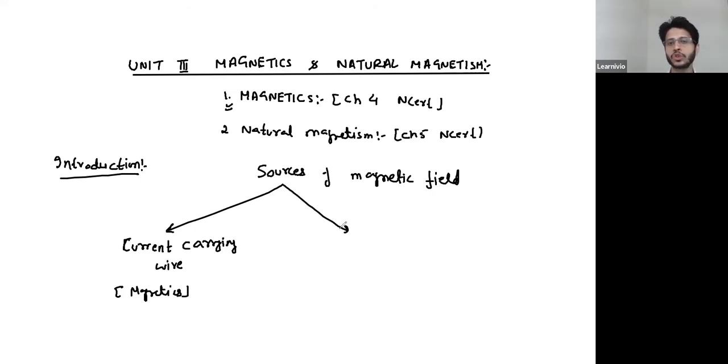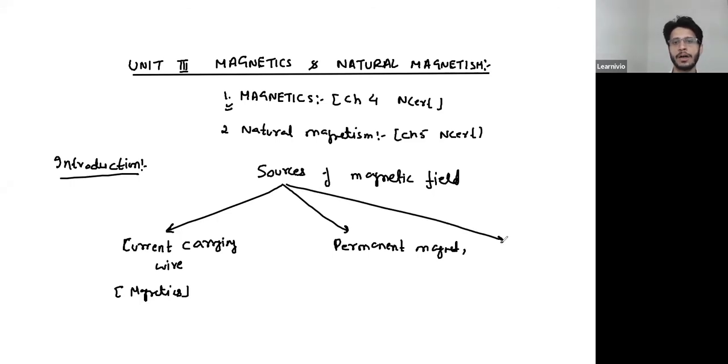The next source could be some natural sources like some permanent magnets, or it could be Earth's magnetic field. Earth itself behaves like a magnet.